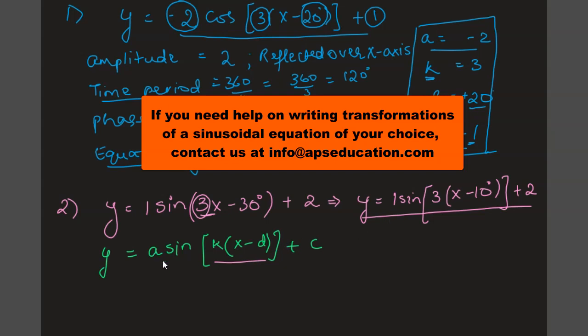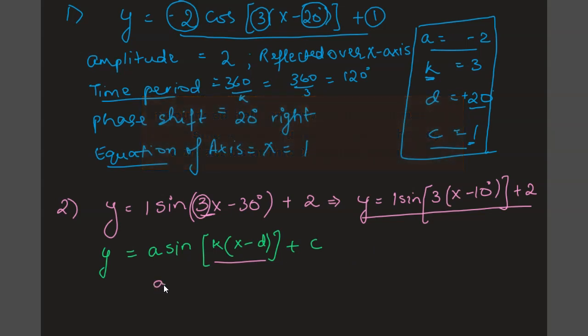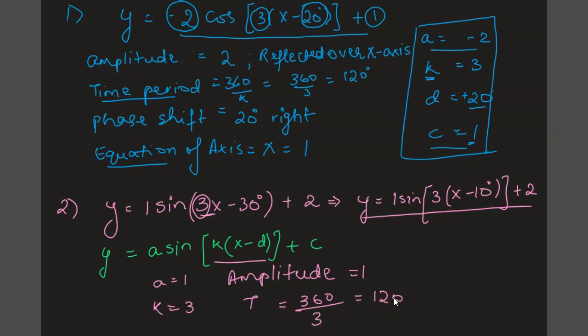So I can read my a as 1. That is, my amplitude for this equation will be equal to 1. As my k is 3, I can use my k to find out my time period. And this is 360 divided by 3, which is 120 degrees.